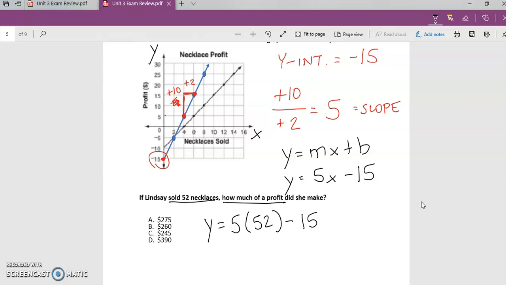So 5 times 52: 5 times 2 is 10, 5 times 5 is 25, plus 1, 260. 260 minus 15 is 245. And so my y value, or the profit that I would make, is $245. Letter C. That's the profit she would make if she sold 52 necklaces.